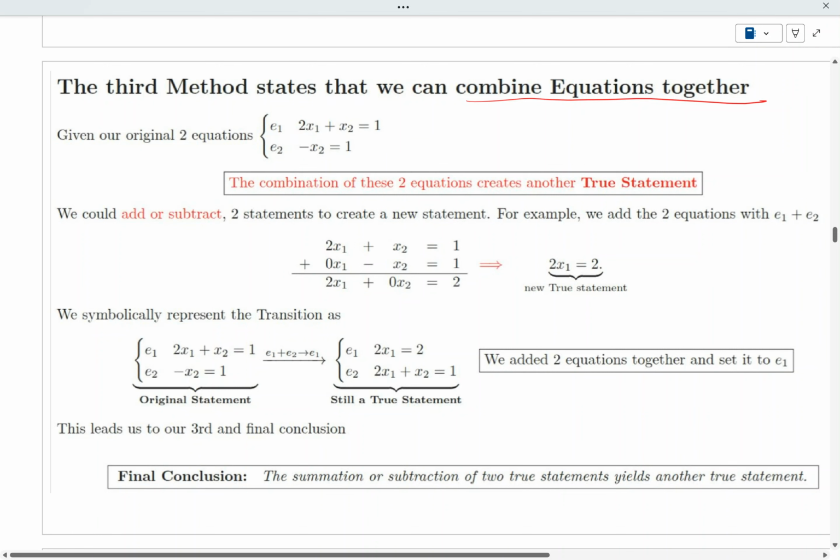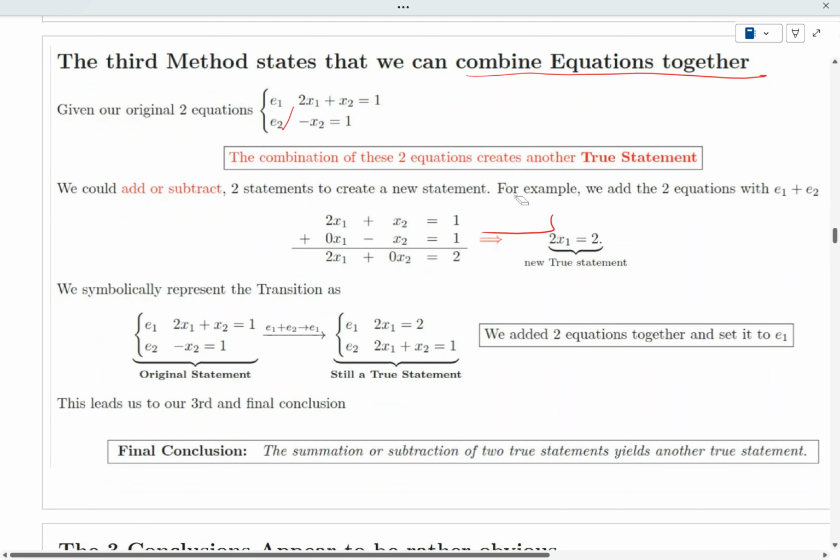And then we're going to add the bottom one, which is 0x1. Notice how it doesn't have x1 here. Minus x2 right here is equal to 1. So if we combine these two equations, it says that 2x1 is equal to 2 right here. So we went from this, and then we created another true statement.